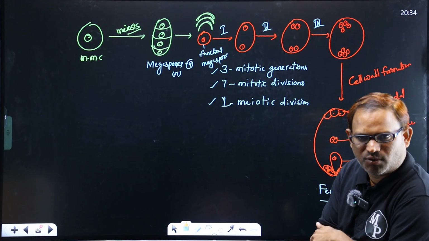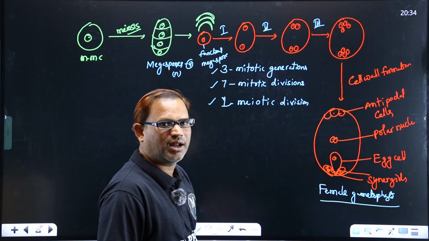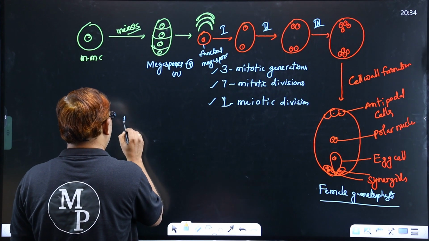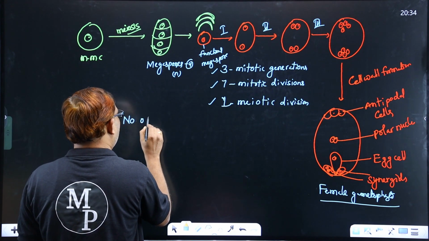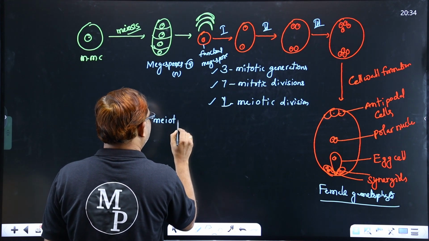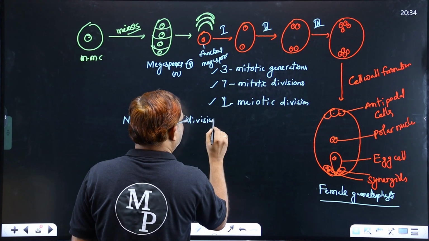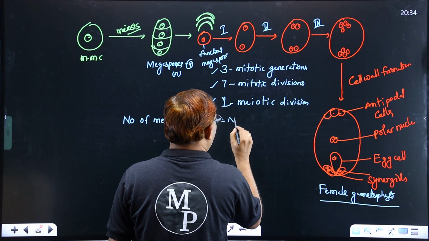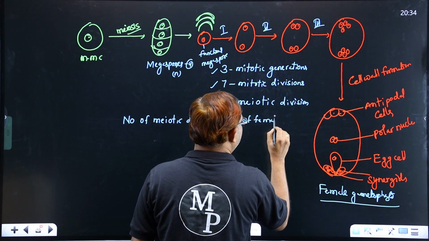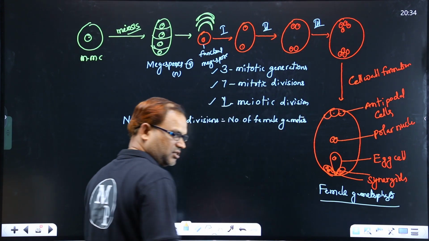So that means the number of meiotic divisions is equal to the number of female gametes. That is very important.